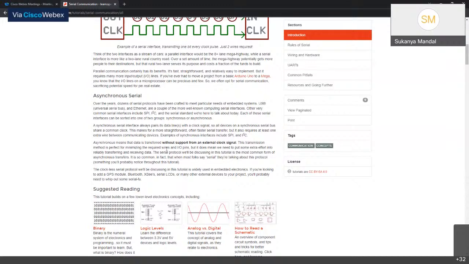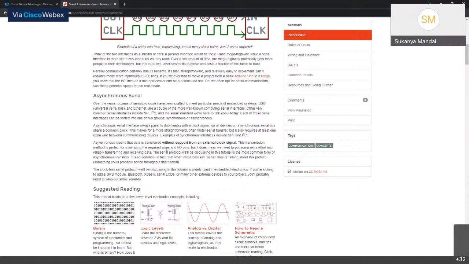All devices on a synchronous serial bus share the common clock. This makes for more straightforward, often faster serial transfer, but it also requires at least one extra wire between the communicating devices. Such synchronous communications are SPIs and I2Cs.